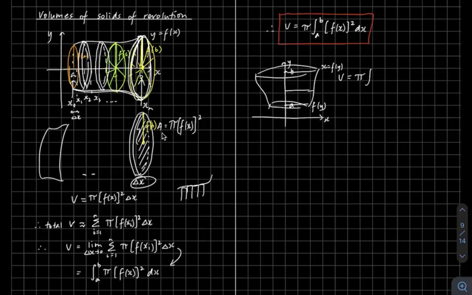I'd need to make x the subject, express it as a function of y, and then write all of this in terms of y. So really the same rule, but now we're expressing everything as a function of y, and an integral in terms of the variable y rather than in terms of x. And that formula is also on your formula sheet, so you don't need to remember that one.